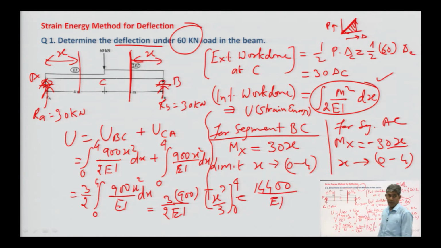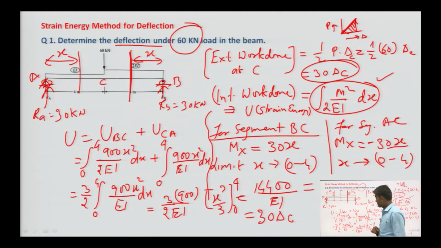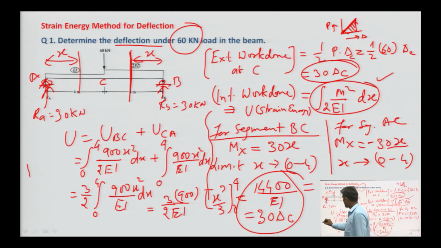This is the value of strain energy, or internal work done. Put this value here, equate it with the external work done, 30 delta C, and calculate the value of delta C. By equating these two, we get the value of delta C as 480 upon EI.